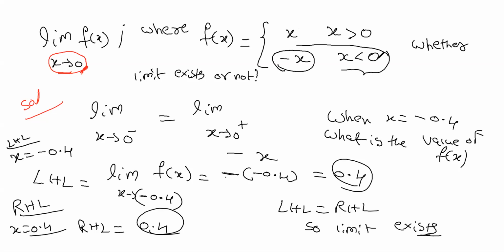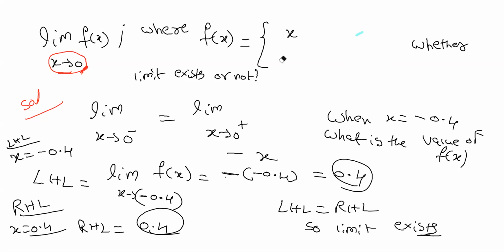If they gave only one function, like x squared, then you have to take a total of 5 values: 2 for the left hand side, 2 for the right hand side, and 1 for x equals the given value. This is just for finding whether the limit exists when the function is given in separated intervals.